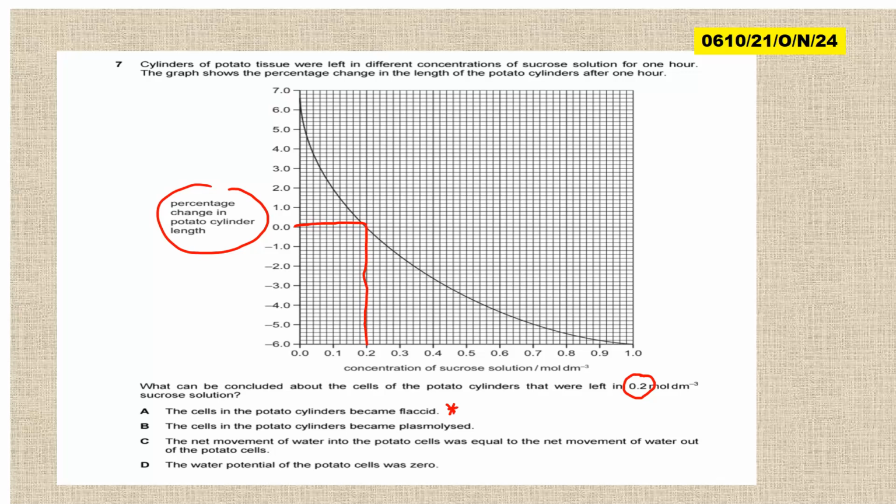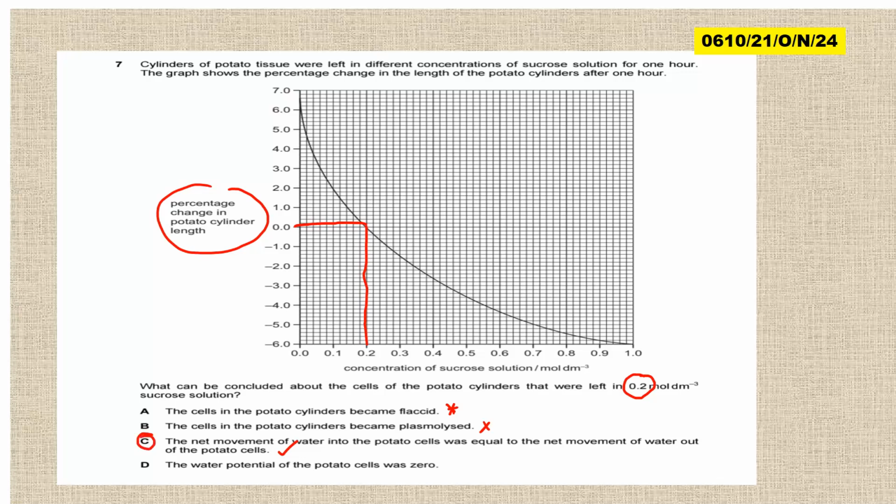Then the cell in the potato cylinder became plasmolysed? No, there was no change. The net movement of water into the potato cell was equal to the net movement of water out of the potato cell. So this is the solution.